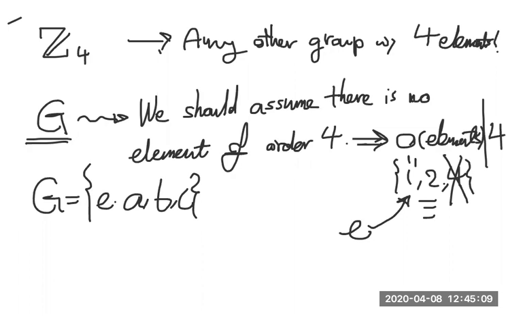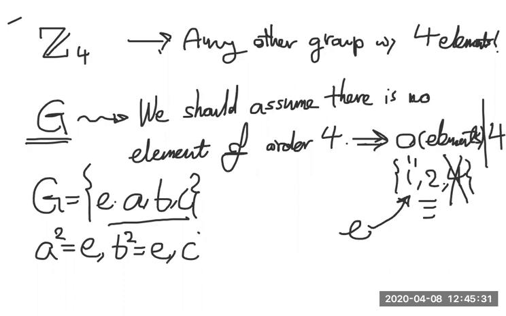Because 4 is not one of them, the orders can only be 1 or 2. But the only element with order 1 is the identity. So the other elements, A, B, and C, all have order 2. So A squared is identity, B squared is identity, C squared is identity.